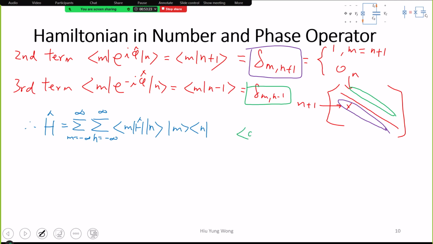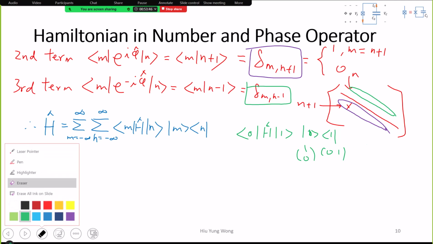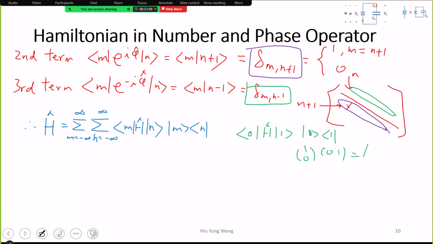Let's say 0 H 1 times 1, times 0, 1. What is 0? 0 is 1, 0, right? And what is 1? 0, 1, right? This gives us 0, 1, 0, 0.